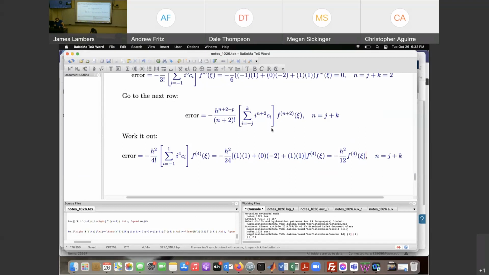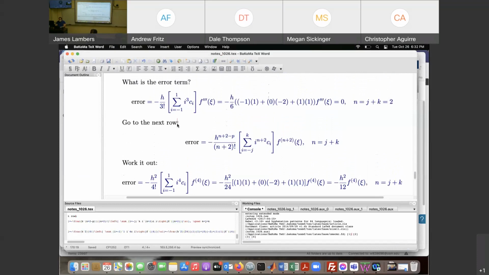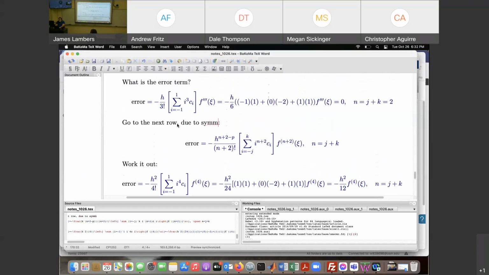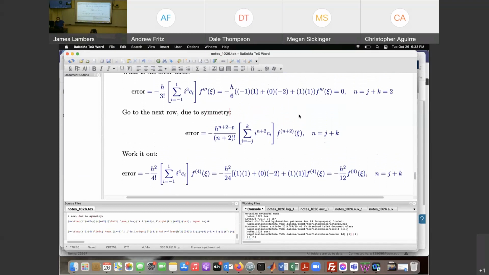All right, and it's because of symmetry of approximation that sometimes this can happen. Okay, so it's something to be mindful of. Some questions about what happened here, working out these finite difference formulas or their errors?